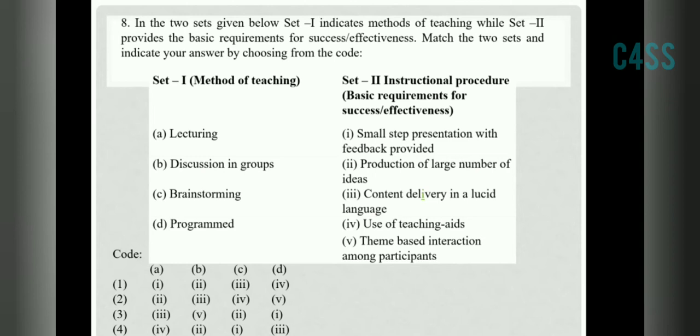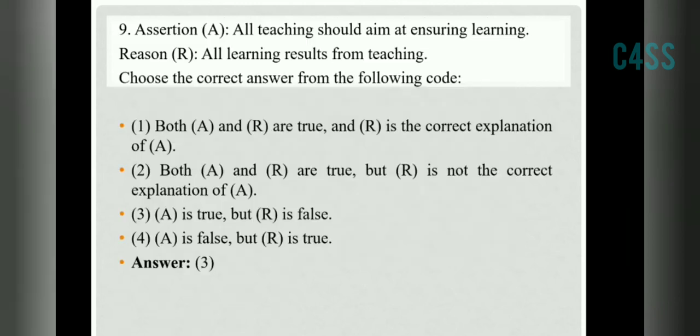And set 2: instructional procedure, basic requirements for success or effectiveness: small step presentation with feedback provided, production of large number of ideas, content delivery in a lucid language, use of teaching aids, theme-based interaction among participants. The answer is lecturing, content delivery in a lucid language; discussion in groups, theme-based interaction among participants; brainstorming, production of large number of ideas; and programmed learning means small step presentation with feedback provided.